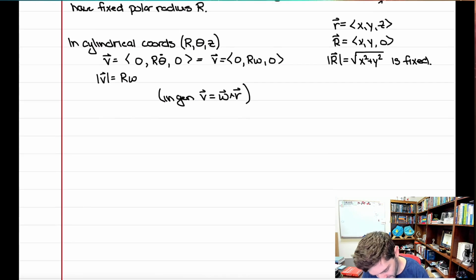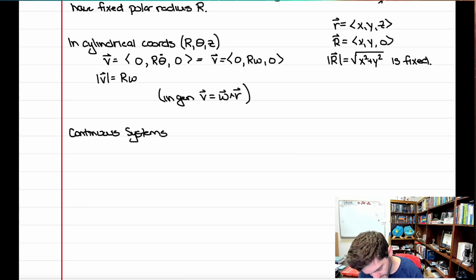But what I ultimately want to do is think about what I can say about continuous systems and the resulting angular momentum.